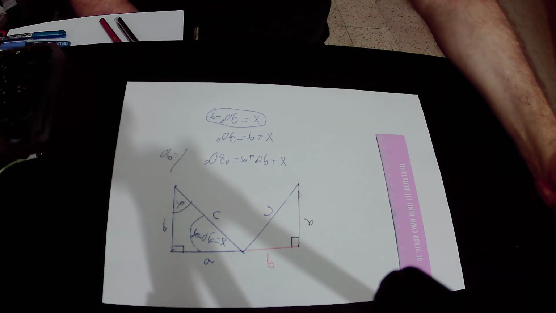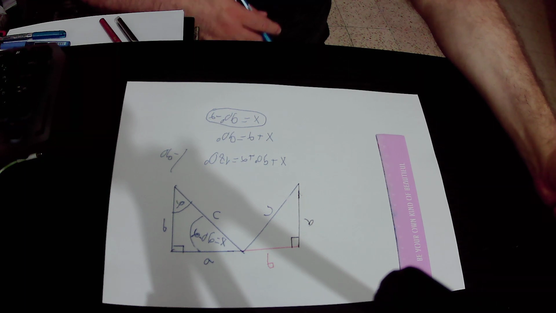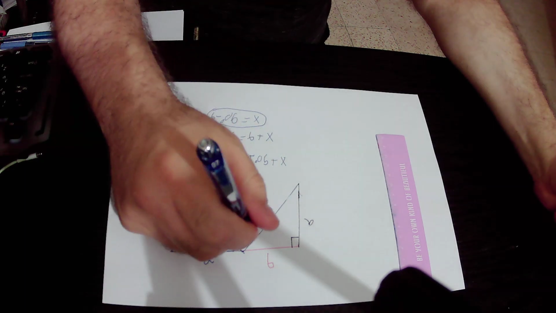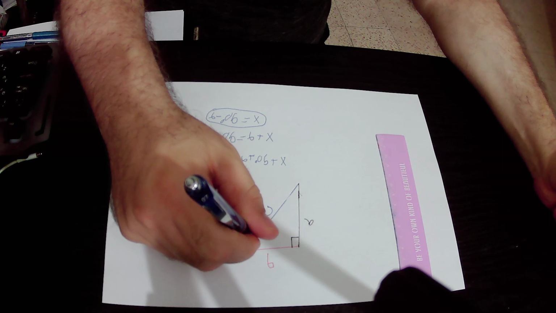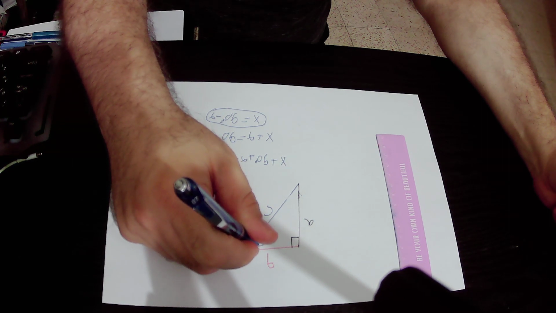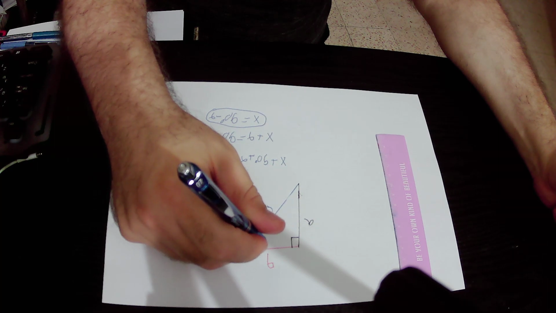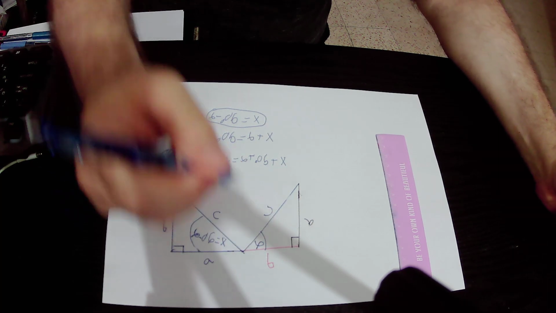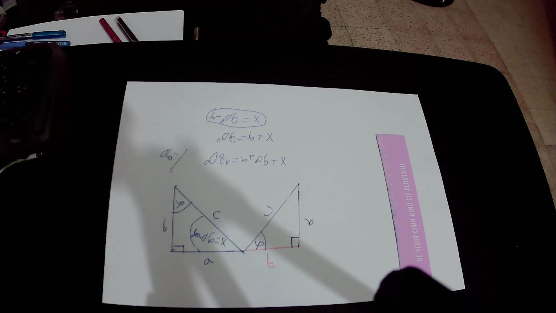So the angle here must be alpha, according to the rule of corresponding angles in congruent triangles.